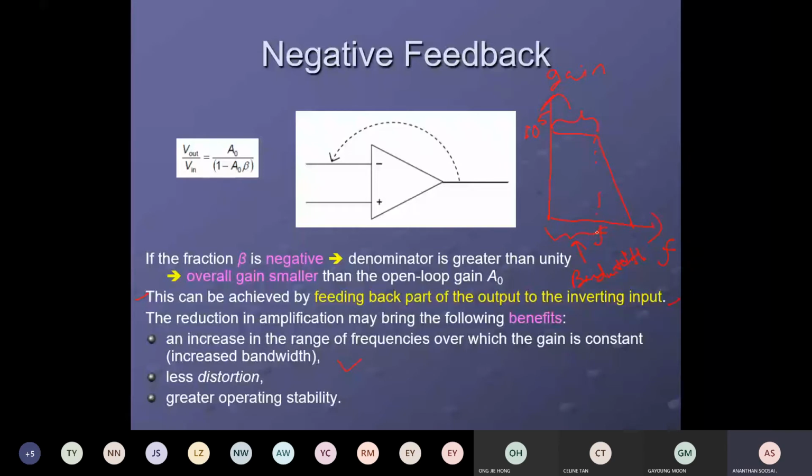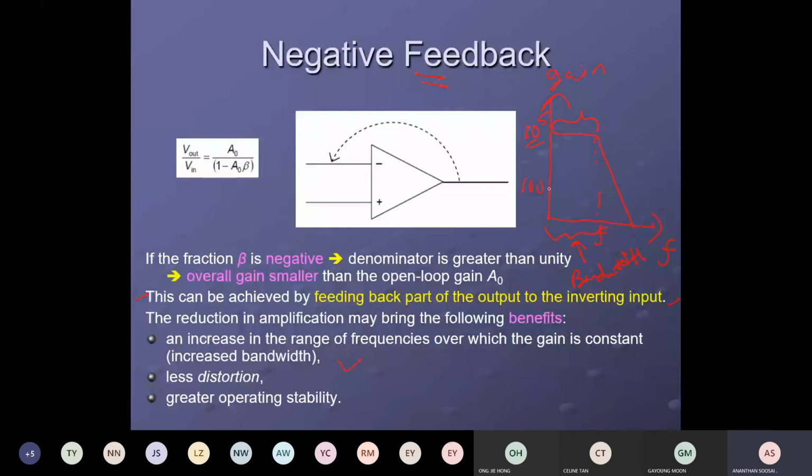Bandwidth is the range of frequency where the gain is constant. By doing feedback, the gain will drop. It won't be 10 to the power of 5 anymore. We can drop it to, let's say, 100. We can drop the gain by doing feedback.